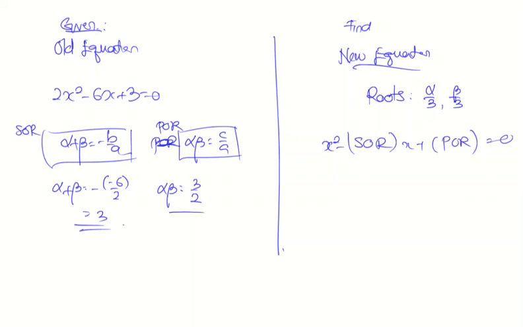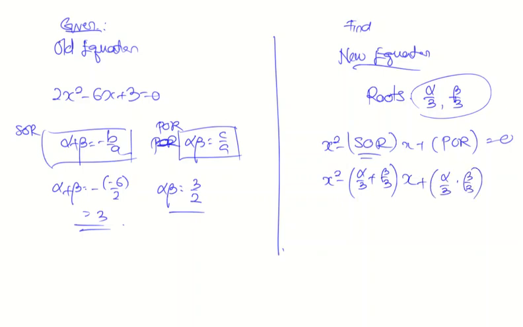Okay, old equation, new equation. The root, sum of root, product of root: alpha plus beta over 3, and alpha beta over 9.